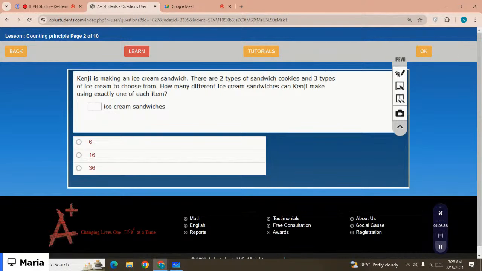So the total different sandwiches he can make is 2 times 3, the correct option is 6. Option number 1 is the correct option.